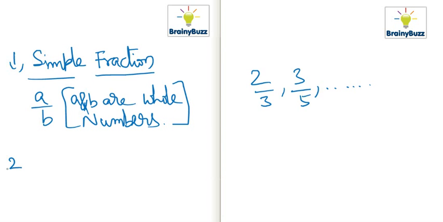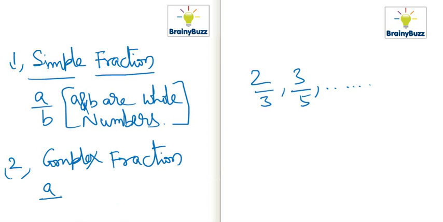Second one, complex fraction. It is in the form of a by b, but here a and b are fractions.